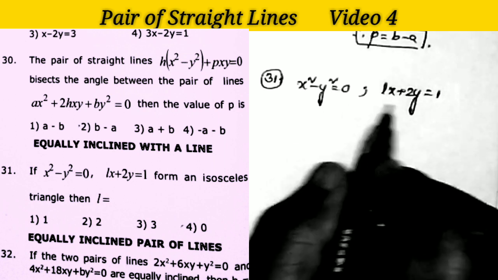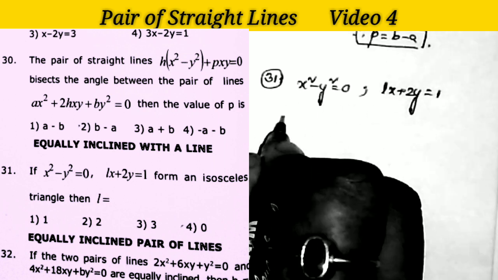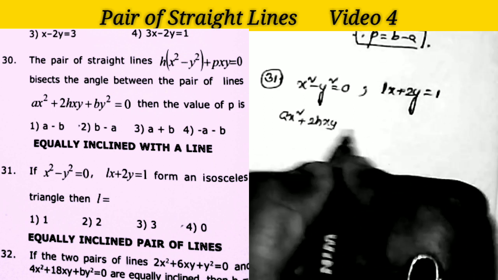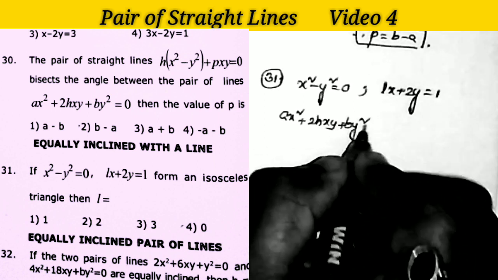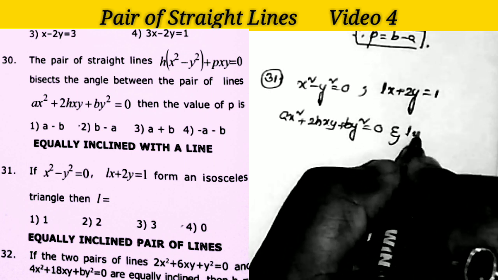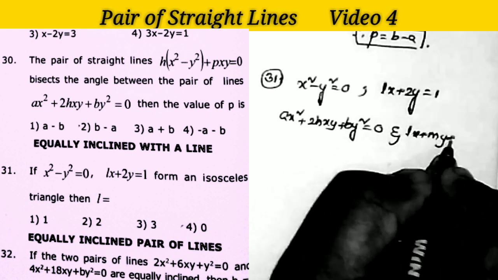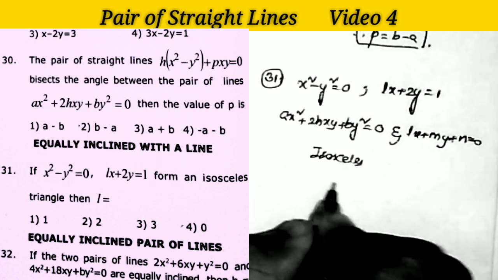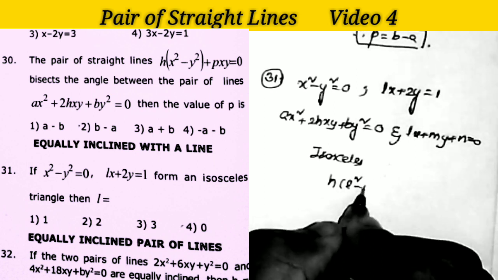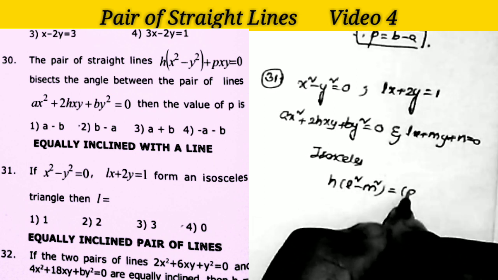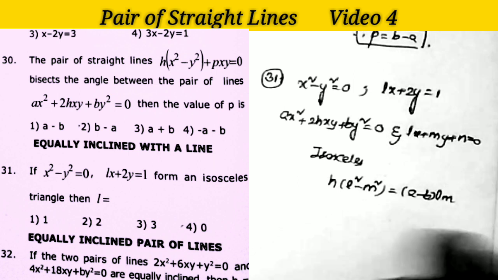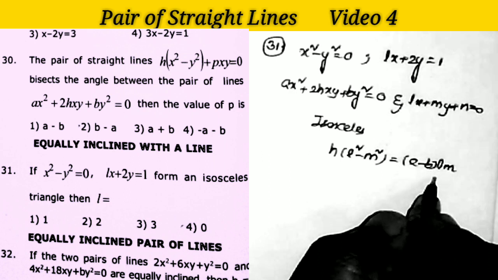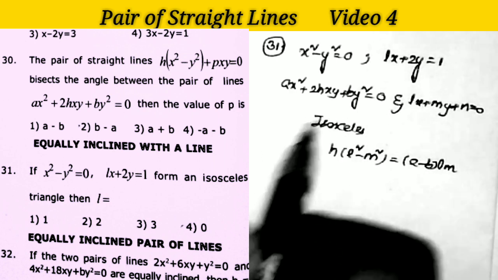So given that these two equations form an isosceles triangle, here we have one formula: if the equations ax square plus 2hxy plus by square is equal to 0 and lx plus my plus n is equal to 0 form an isosceles triangle, then the condition is h(l square minus m square) is equal to (a minus b)lm. This is the formula, h(l square minus m square) is equal to (a minus b)lm, when the given equations form an isosceles triangle.